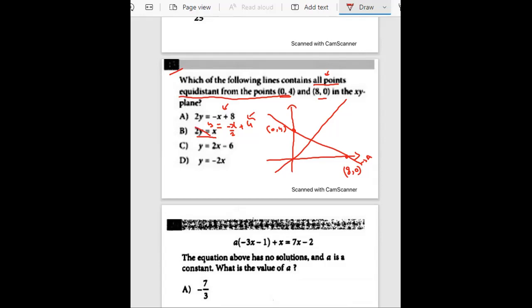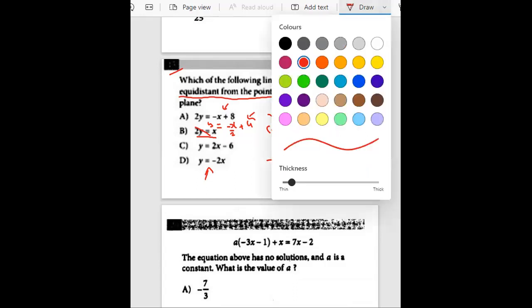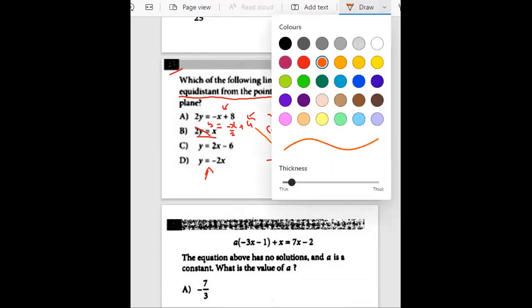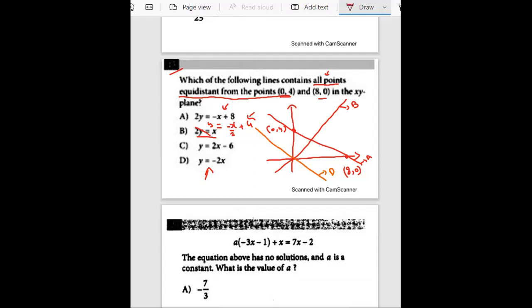Okay. And what about this one? Again, we have y equals minus 2x. This means that this is for B. And let me use some different color now. So it would be something of this type, right? Okay. So this is for D. And what about C? C would have a positive gradient and its y-intercept is negative.